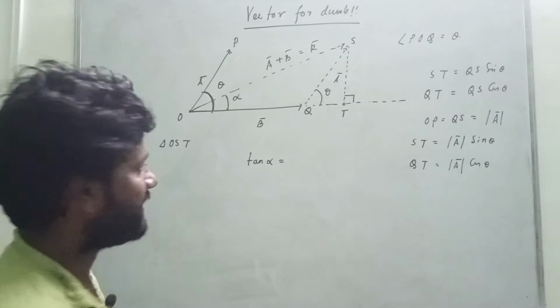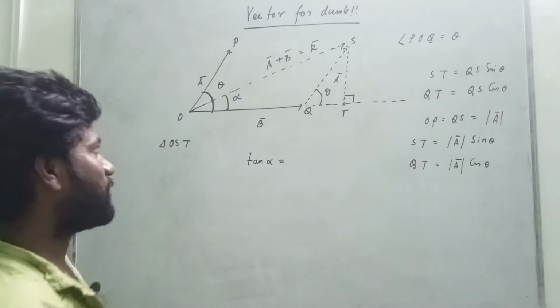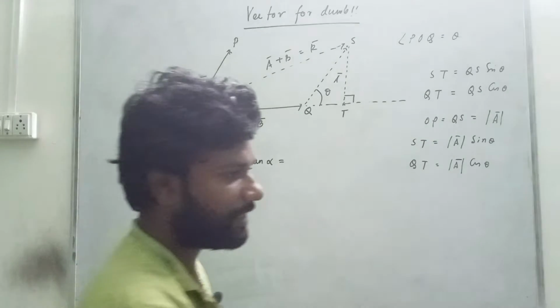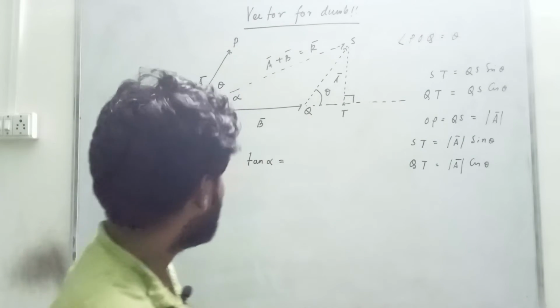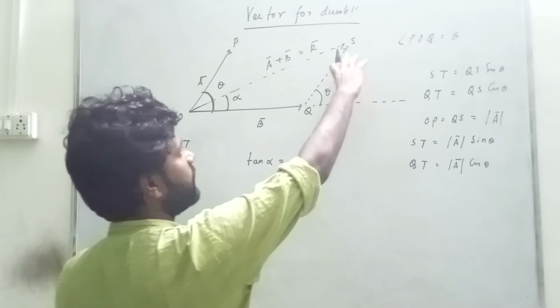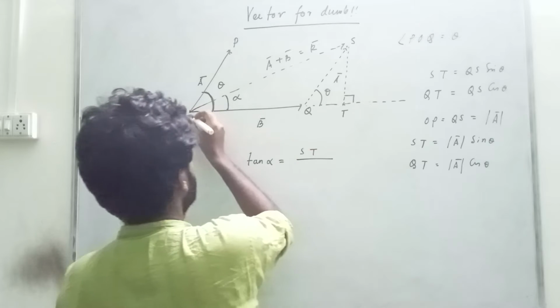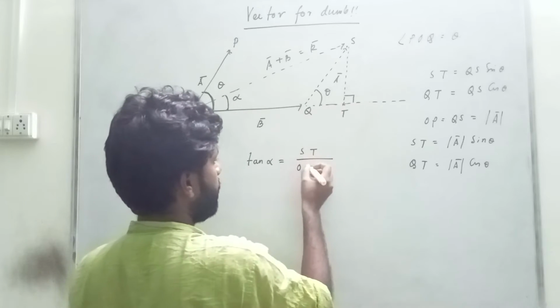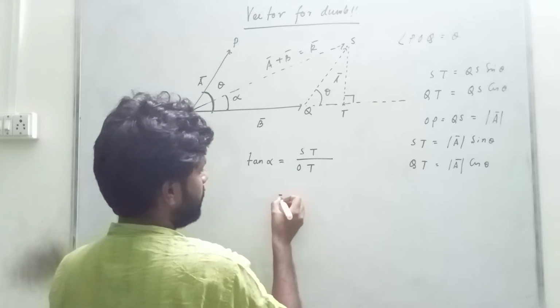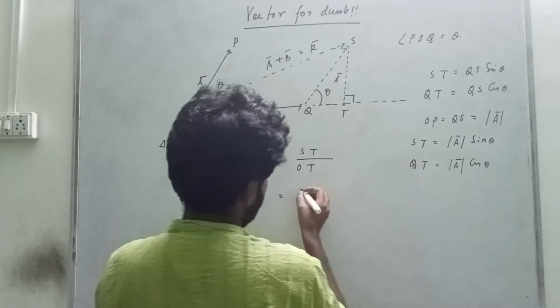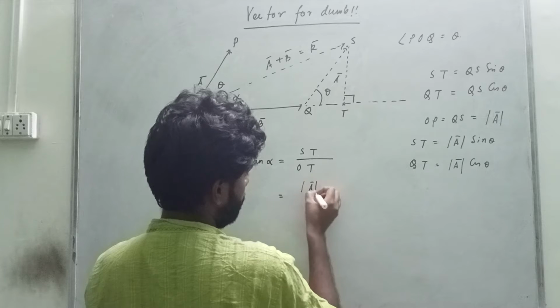It's a very simple case because the tan of some angle means height by base. Height means perpendicular by base, and it is the perpendicular ST by base OT, right? And what is ST actually? ST means modulus of A sin theta. No problem here.